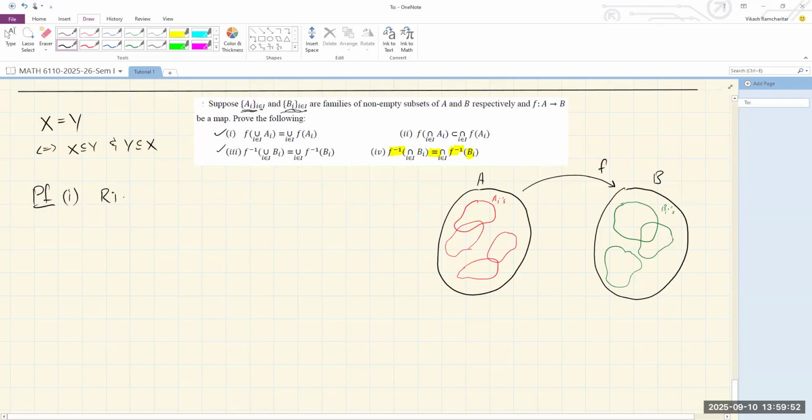Required to prove f of the union over i of the A_i is a subset of the union over the i's of f of A_i, and the reverse one now: the union over the i's of f of A_i is a subset of f of the union over i of A_i.